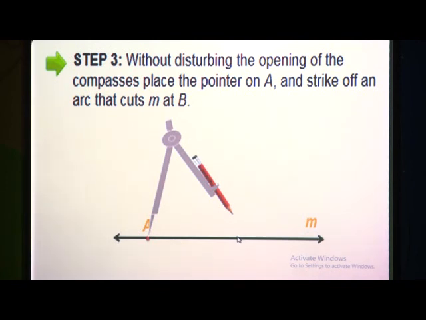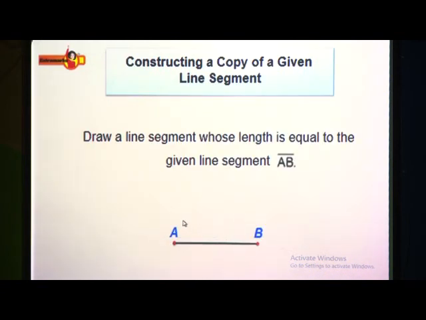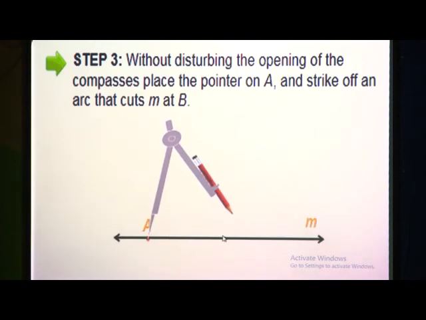So what is the third step? Here we have taken the length of 4.5 centimeter. We have placed one end of the compass on point A and we have cut the line M at point B. Without disturbing the opening of the compass, place the pointer on A and strike off an arc that cuts M at B. So we get the point B. So this is our line segment.